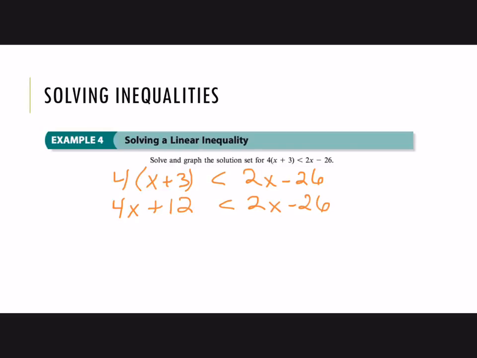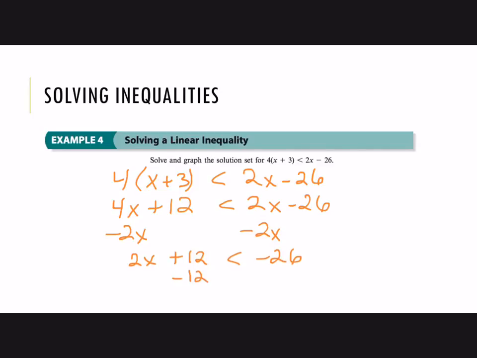All right, so I usually like to do this so that the x's are on the left, but you could also move things so that the x's are on the right. So let me show you both ways. So first of all, if you shift the x's to the left, you would subtract 2x to try to combine like terms. So you get 2x plus 12 is less than negative 26.